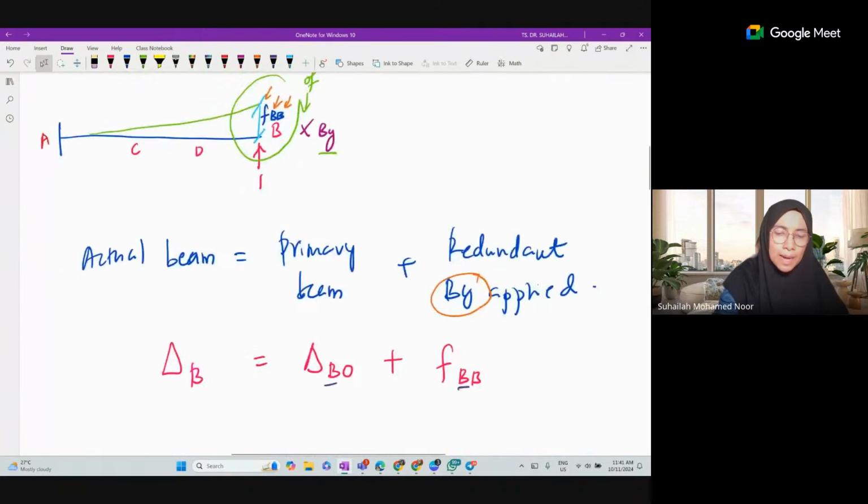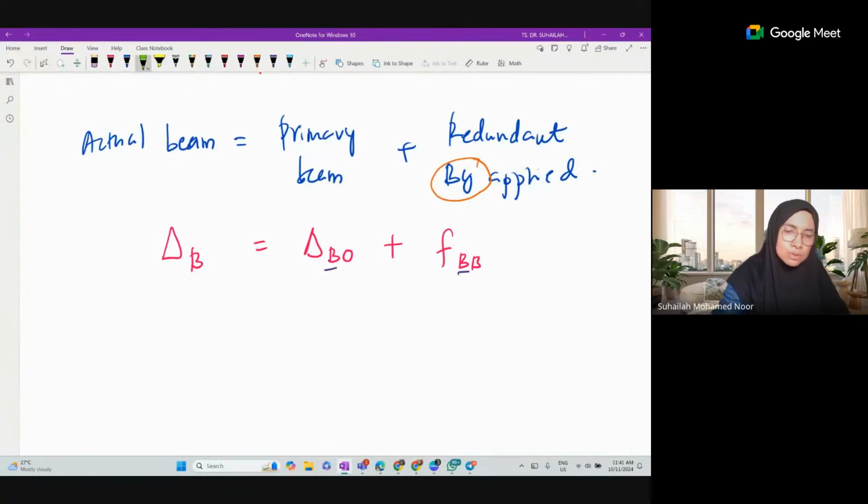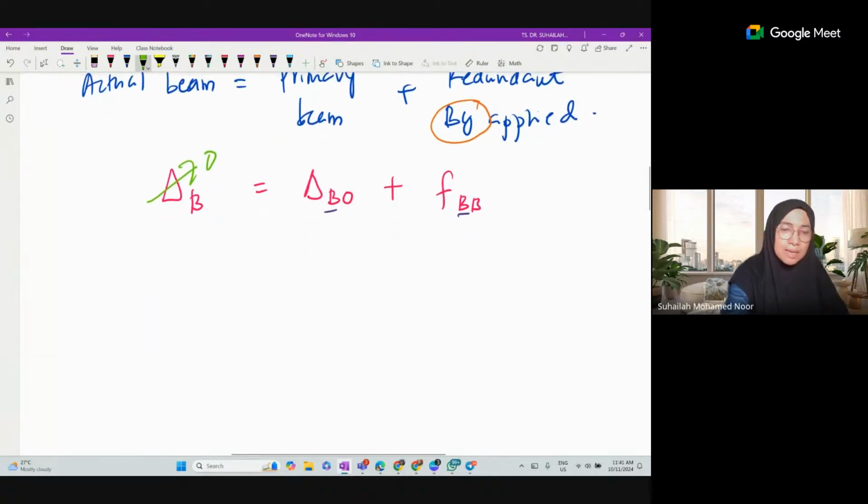So now we apply 0 here because of the support, and we rewrite the compatibility equation again. Normally when we write an equation, we want something equal to 0, right? We do not write 0 equal to something.